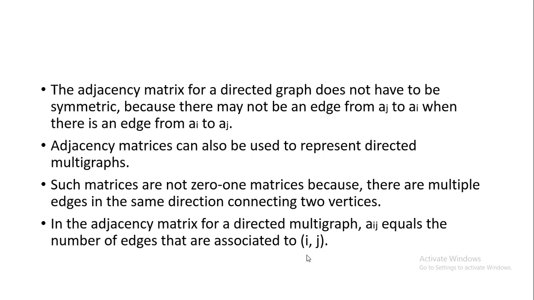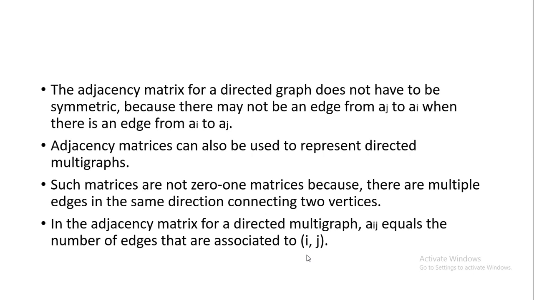From A to B the value is 2 and from B to A the value is 1. Likewise, in the adjacency matrix for a directed multigraph, Aij equals the number of edges associated from i to j. The same holds in the formal definition.